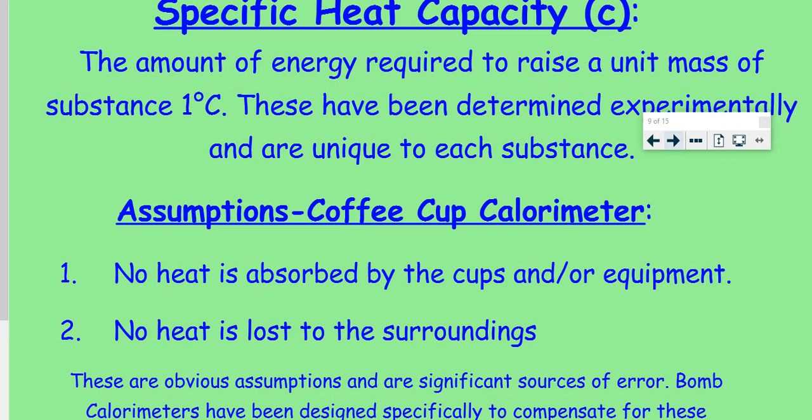Now there are a few assumptions that have to be made when using a calorimeter, a coffee cup calorimeter, or a bomb calorimeter as well. So we have to assume that no heat is being lost to the cup or to the equipment. Being a great insulator, styrofoam is actually really good to use and these coffee cup calorimeters do give us pretty good, precise results.